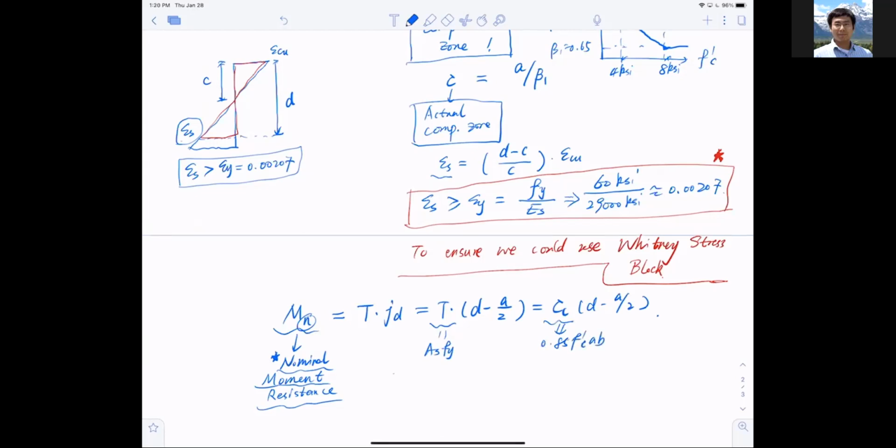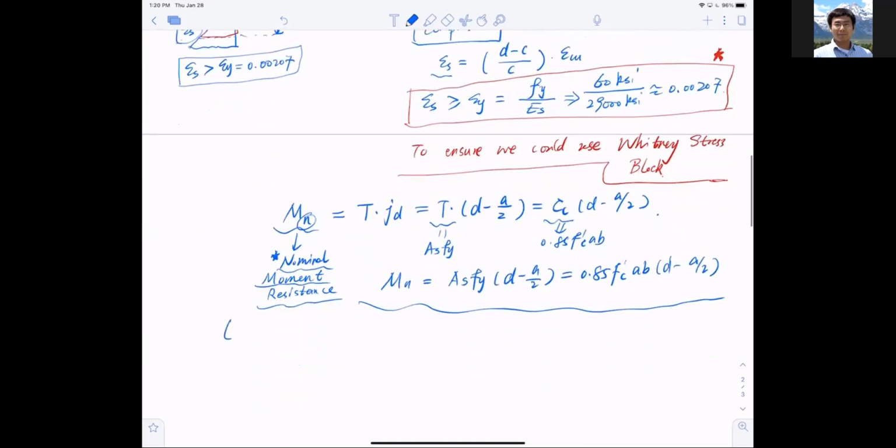So you can either write Mn equals As Fy multiplied by the distance d minus half a, or 0.85 f'c a b times d minus half a. Whichever way you want. So this is Mn. It's called nominal moment resistance, or you see from other texts called nominal flexure strength.